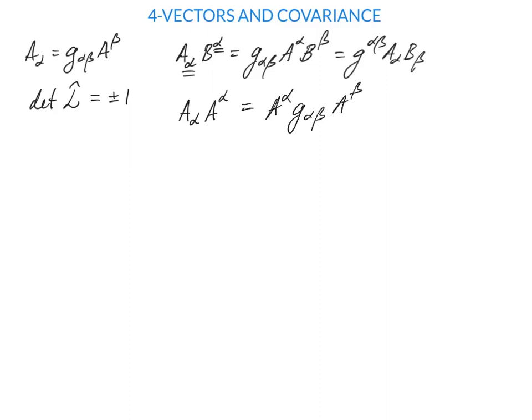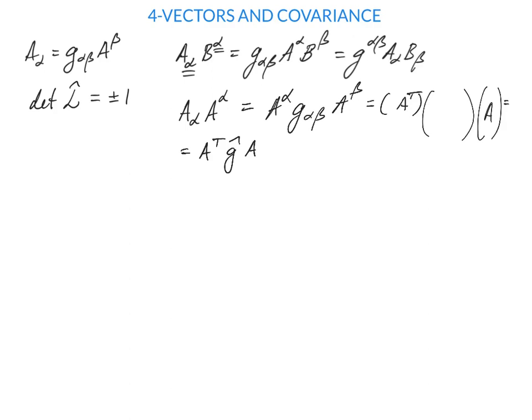If we interpret this as matrix and vectors, g is a matrix, A^β is a column vector, and then A^α has to be a row vector. In conventional matrix and vector notation, we can write this as A transpose, matrix g, times vector A. Here A is a column vector and A transpose is a row vector.